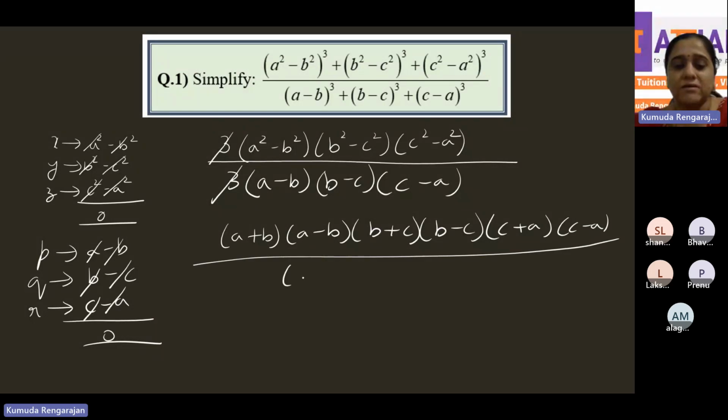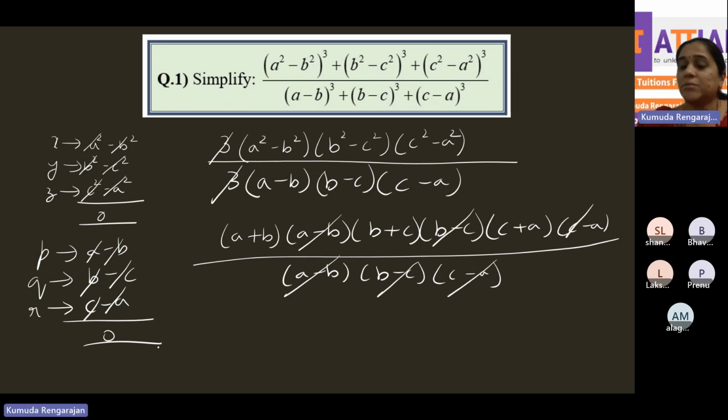Divided by the denominator. Very good. So a minus b cancels. b minus c, b minus c. c minus a, c minus a. So we are left with a plus b into b plus c into c plus a. That's all. Very simple. 4 marks.